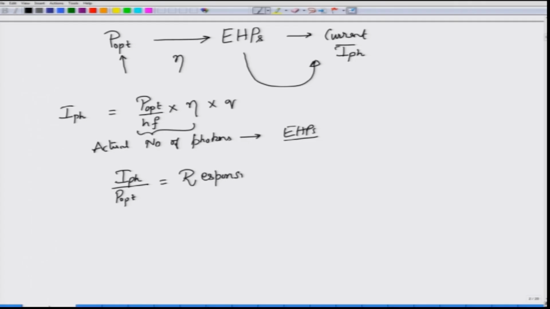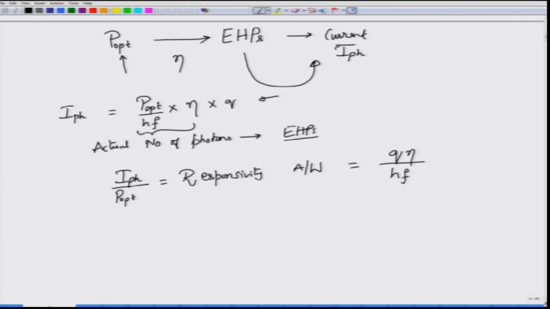So, responsivity is a quantity measured in ampere per watt, being the optical input power. So, it is what current in ampere is generated for what optical input power we applied, and this quantity is given by, so you can put this P opt in this equation to the denominator, and then you see that this is given by Q eta divided by h times f.